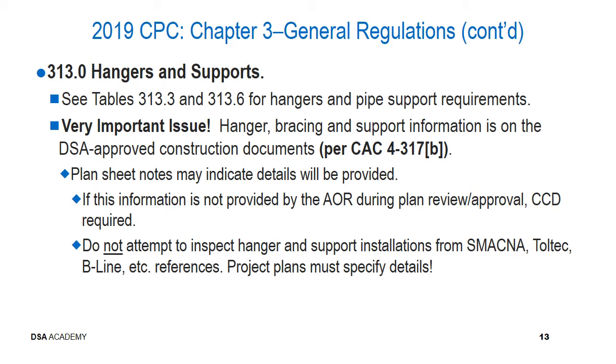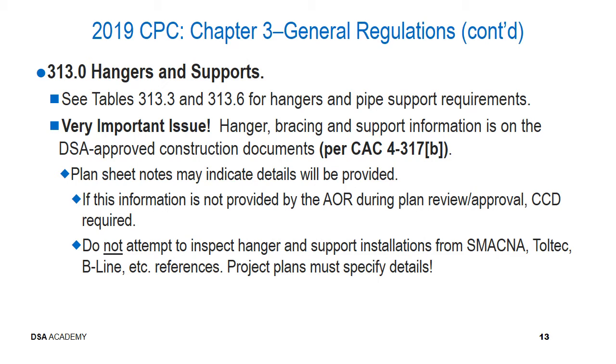Another very important issue is the fact that there are times where the designer may not have anticipated or provided sufficient details for supporting or bracing piping system components. In these cases, it is important for the inspector to understand that they have to have something that has been approved by the design team, and in some situations, especially in the situation concerning hangers and bracing, which is structural, by DSA.